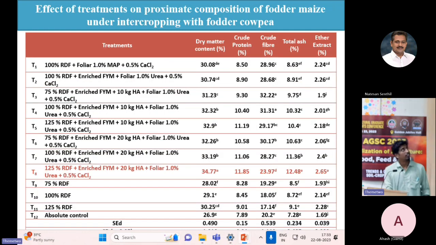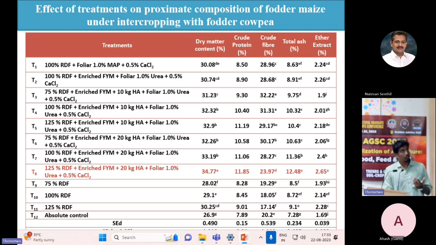And the effect of humic acid and other foliar treatments on proximate composition. In this also, T8 produces more dry matter accumulation than other treatments, and crude protein is also higher, at 11.85, because nitrogen uptake is higher compared to other treatments; it also inhibits the urease activity and reduces the N losses.